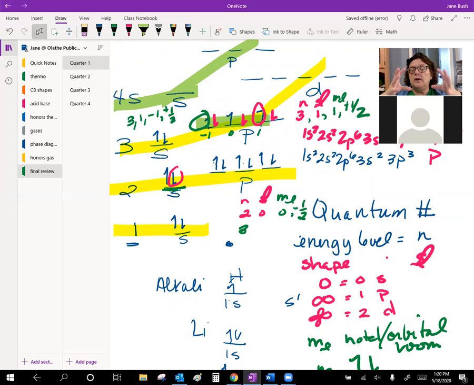The p orbitals are this shape, but you have one on the x-axis, one on the y-axis, and one on the z-axis. This is the -1, this is the 0, and this is the +1. So that's why we have to differentiate between them. And then the final is whether they're spinning up or down. And that's the spin.